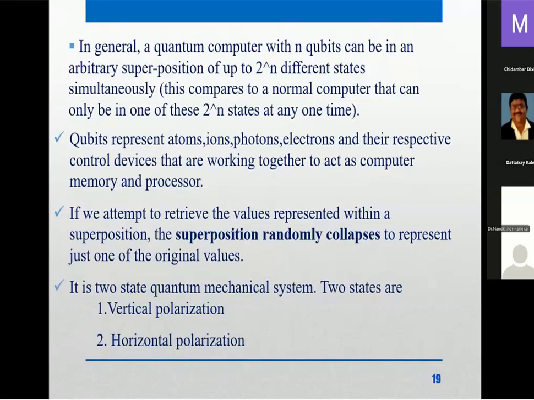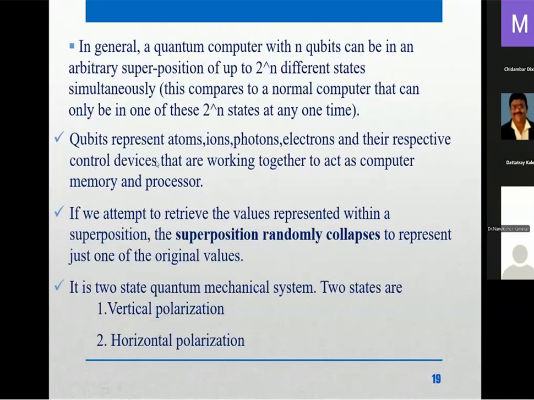But when it goes to qubits, 2 raised to 2, we may get 4 possible outputs. If we go for 3, we can get 8. Raised to 4, in normal bits we get 8 possibilities, but in qubits it may be 16. That is the advantage of a quantum computer.